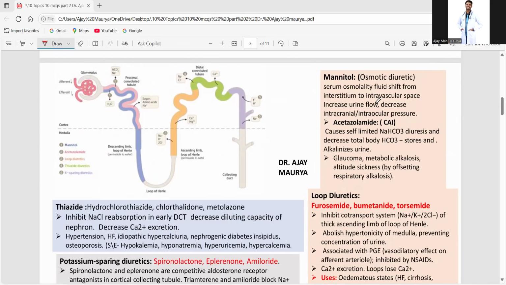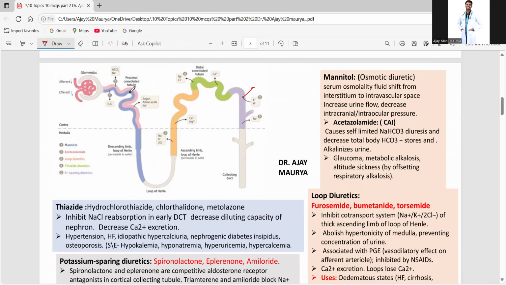In what part of the nephron are these diuretics going to act? For example, they will mark this part and ask which of the following acts here. So you have to know that it's going to be the potassium-sparing diuretics, such as spironolactone and amiloride.